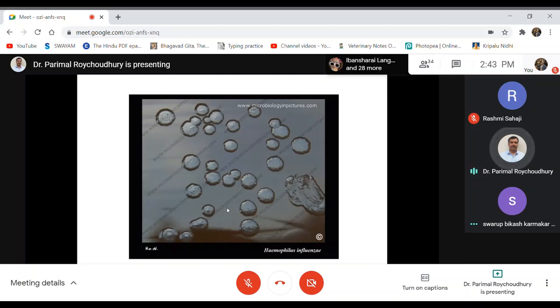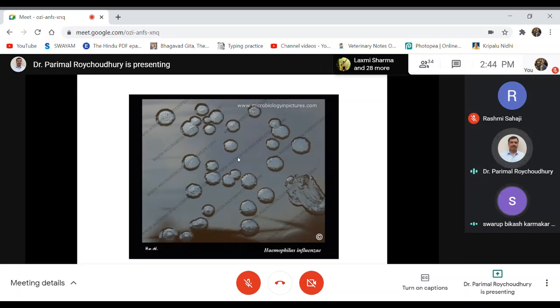Okay, this is in case of Haemophilus influenzae, which is associated with respiratory tract infections in humans, more particularly. And similarly, in animals, we have Glaesserella parasuis that causes respiratory tract infection in pigs, and some systemic infections. So they produce this kind of watery colonies.